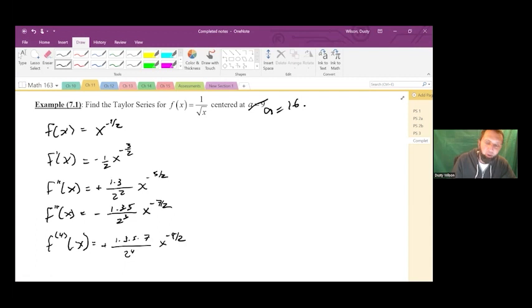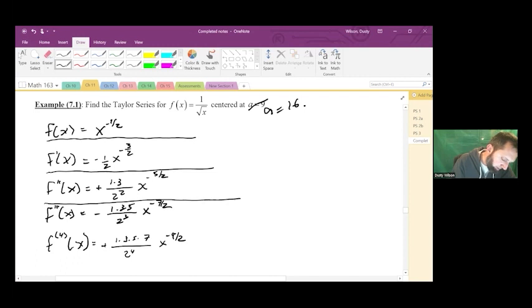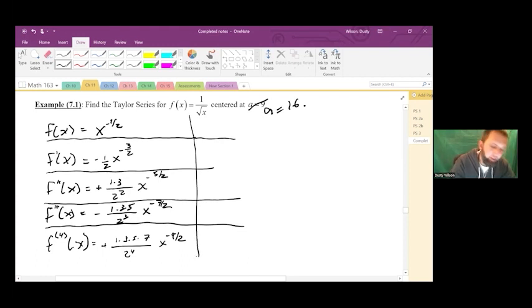So now we need to evaluate each of these at x equals 16.